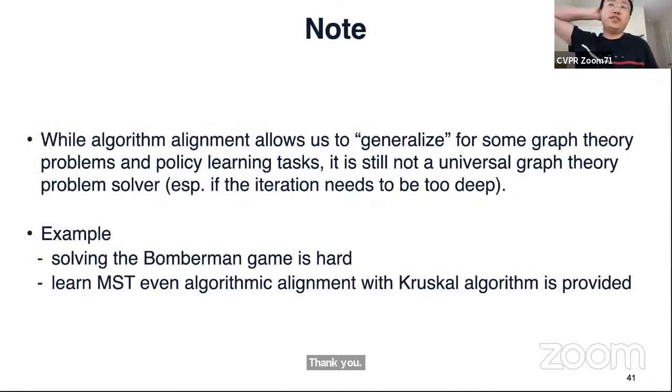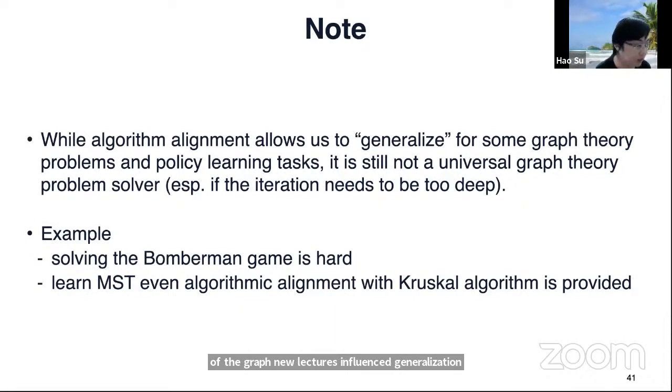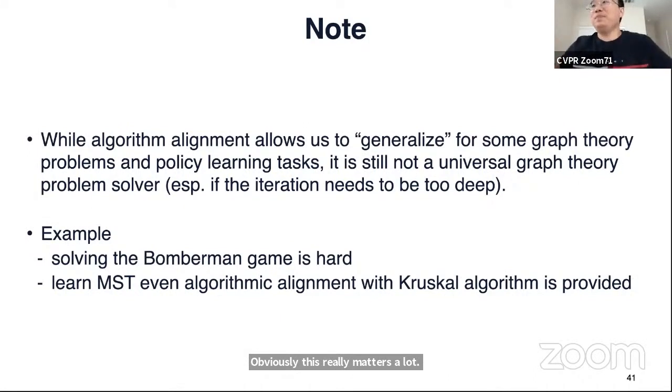There are two questions in the chat from Yunzhu. The first one is, how does the specific structure of the graph neural networks influence the generalization performance? I guess after I introduced the second half, maybe Yunzhu already gets a sense. Obviously, this really matters a lot. And then, do we have to make assumptions on the maximum degree that a node can have when doing the test time larger scale testing?